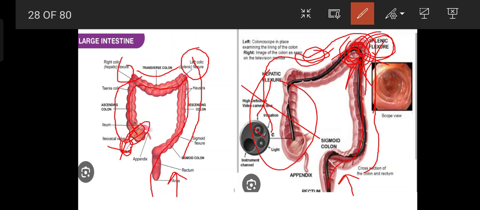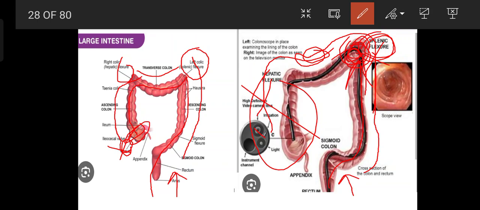Like that he might think and stop the procedure based on his own decision. That time also we have to use modifier 52. So modifier 52 is all about physician decision. Based on physician decision he will stop the procedure. This is about modifier 52.